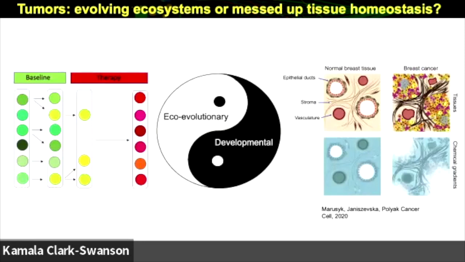But at the same time, cancers represent a case of messed up differentiation and tissue regeneration processes. And I don't think one can reduce it entirely to an ecoevolutionary paradigm.